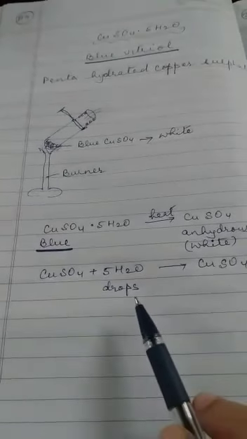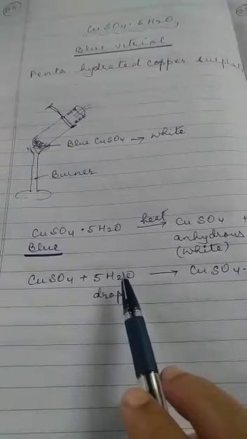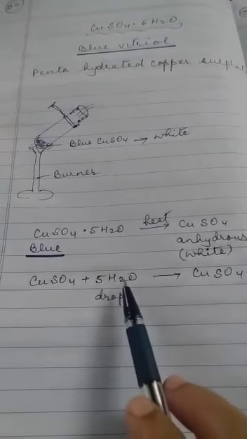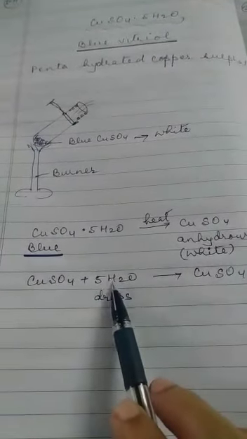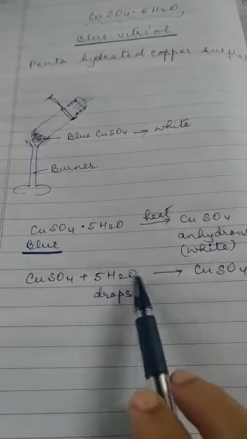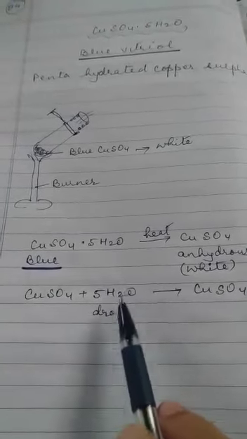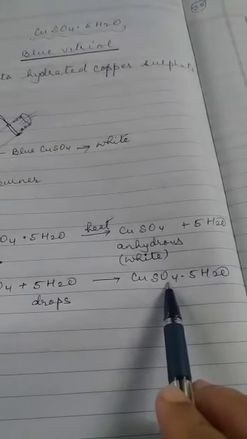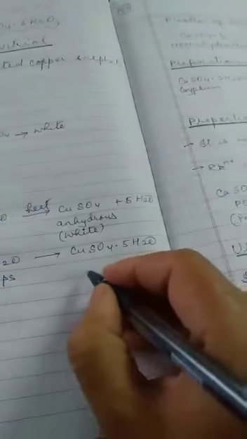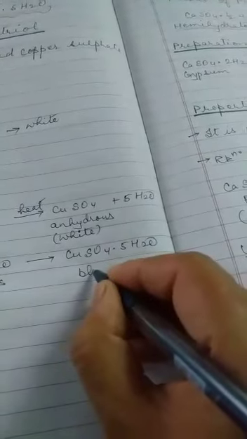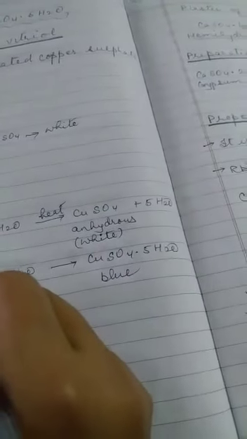And again, when a few drops of water are added, 1 molecule of copper sulfate takes 5 molecules of water and becomes copper sulfate 5H2O, pentahydrated copper sulfate, which is blue in color. White becomes blue.